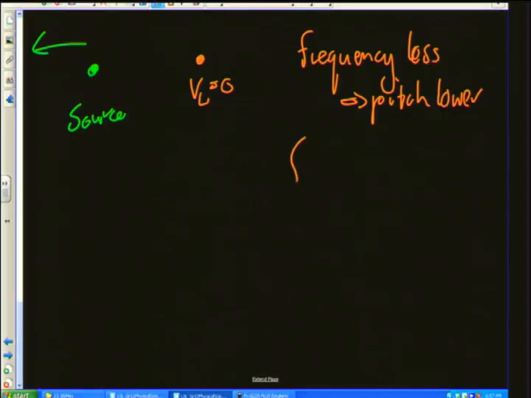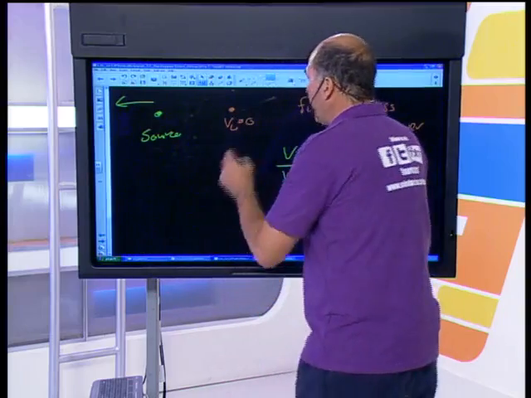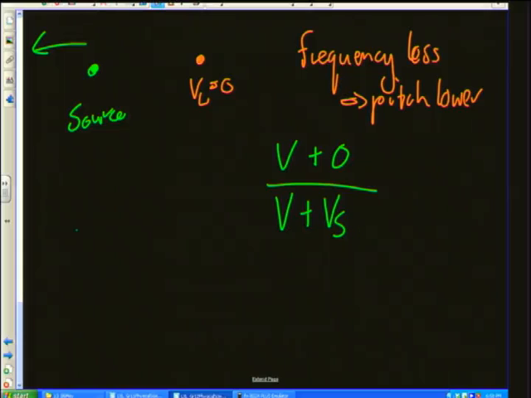Then in our equation, we're only interested in the fraction bit. What's going to happen? Well, have a look. The V is still there. This is 0. Now, to make this smaller, the denominator's got to be bigger. So we've got to add plus the velocity of the source. Now, that's the one scenario. Very quickly, what would happen if the source was stationary and the observer is moving away?